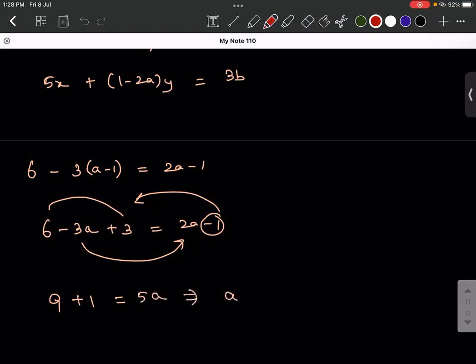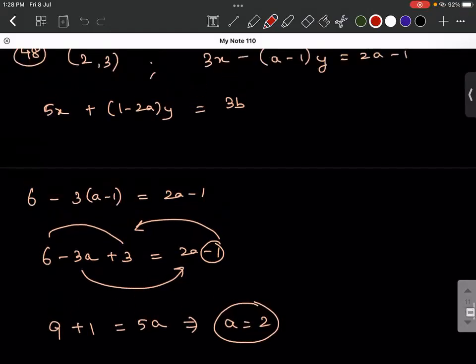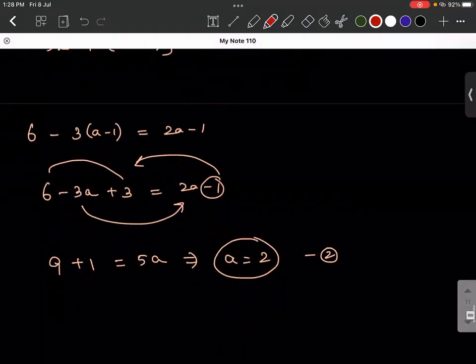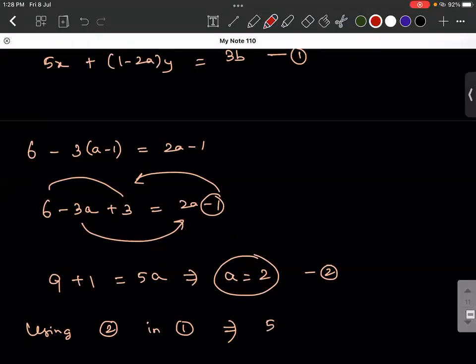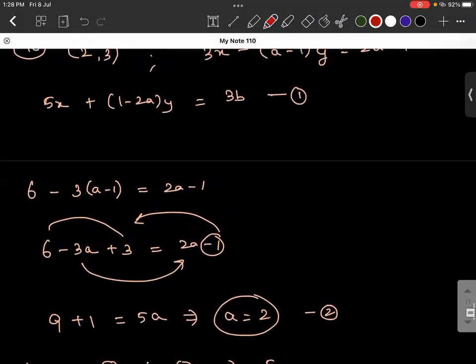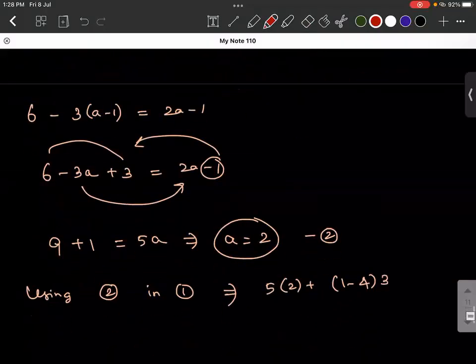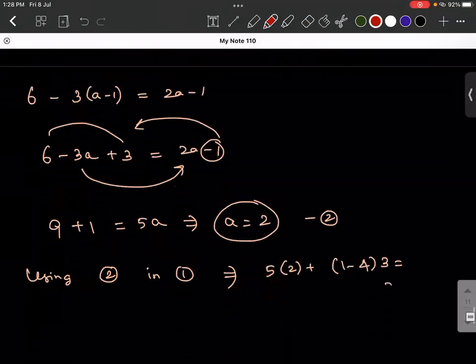So a is equal to 2. Let me call this equation number 1, this as 2. Using a equal to 2 in equation 2, what do we get? 5 into 2 plus (1 minus 4) into 3 is equal to 3b. Hence b is 10.